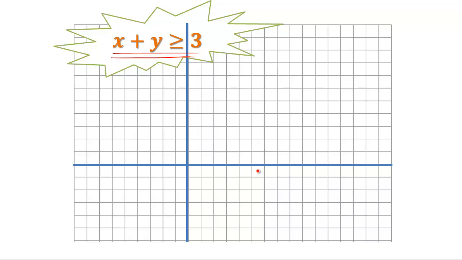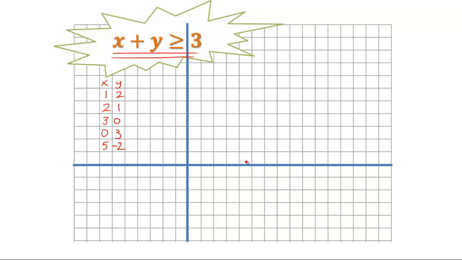Well, first of all, we can think of all the ways we can add two numbers to get to 3, to make it equal to 3. So that's forming the boundary. Some of those points include (1, 2) for x, y, or (2, 1), or (3, 0), or (0, 3), or (5, -2).